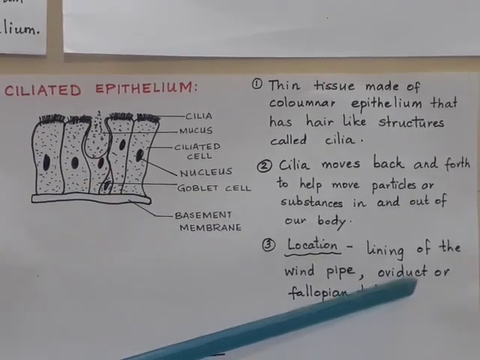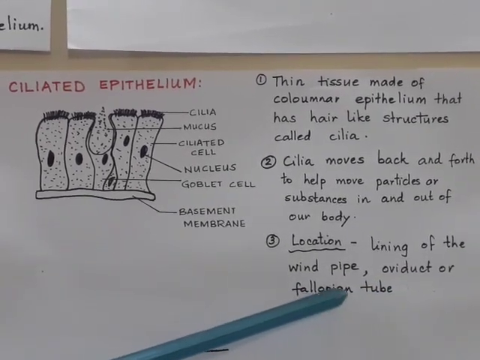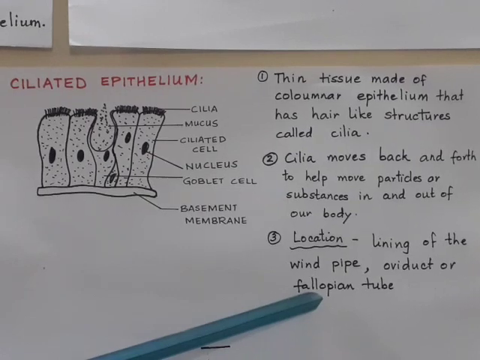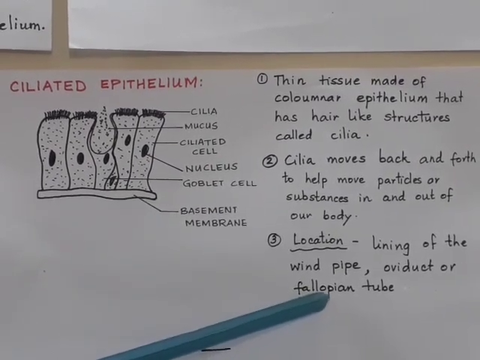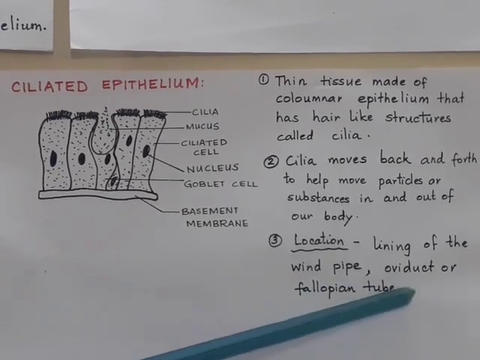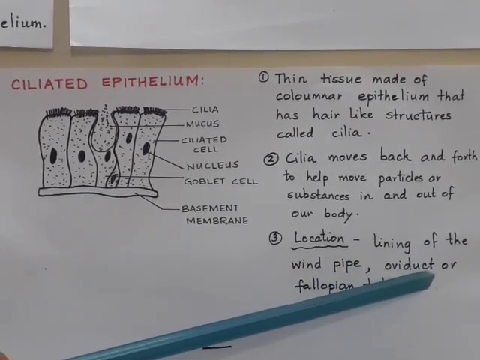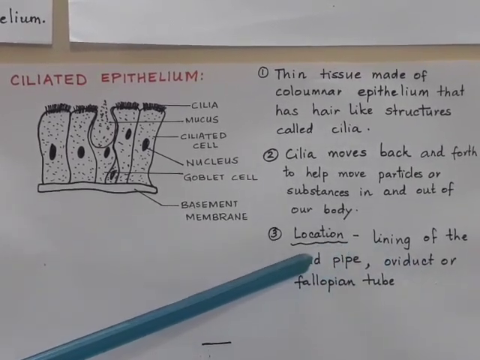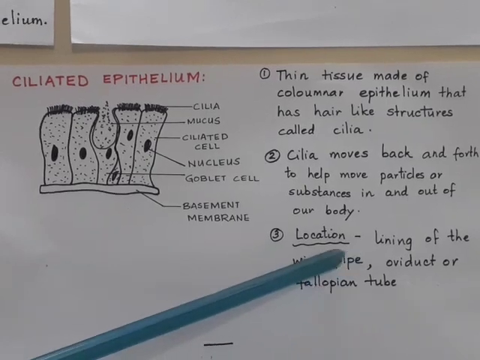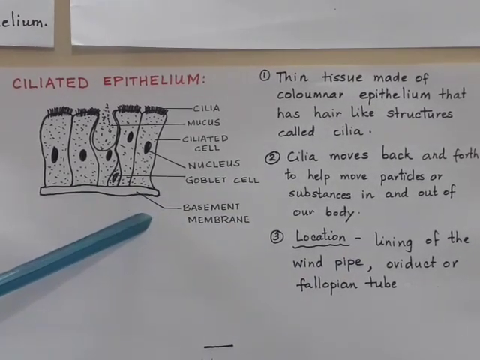They are also found in the oviduct. What is an oviduct? The other name of the oviduct is fallopian tube, which is present in the female reproductive part. And what is the work? They sweep the eggs which form in the ovaries into the fallopian tube and further into the uterus with the help of these ciliated epithelium.